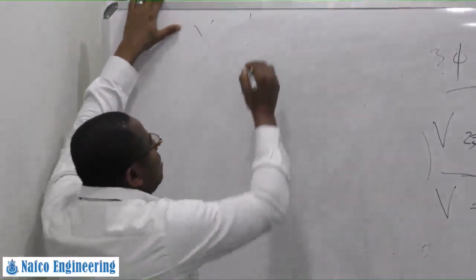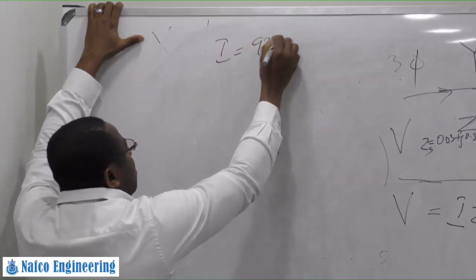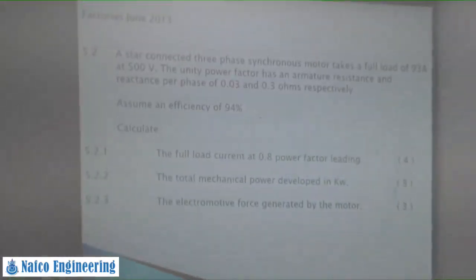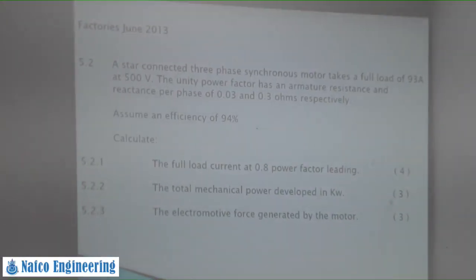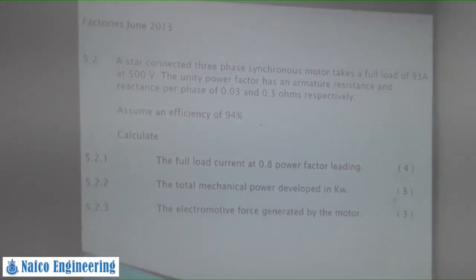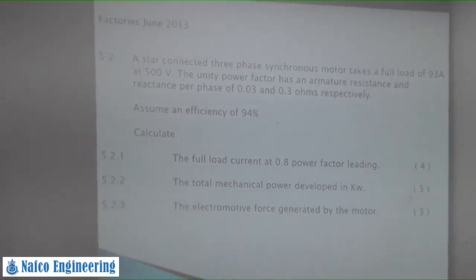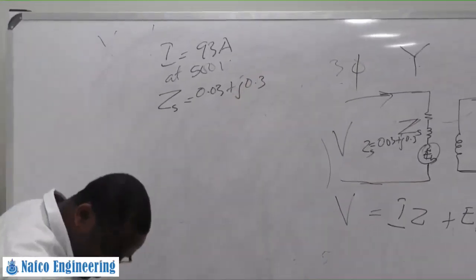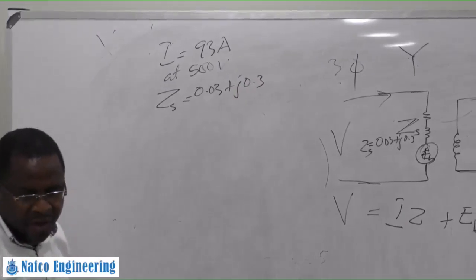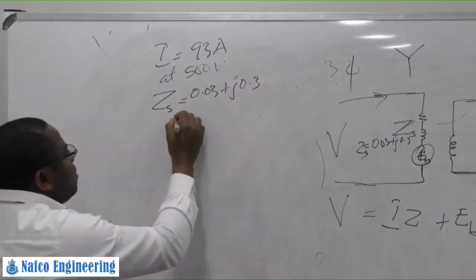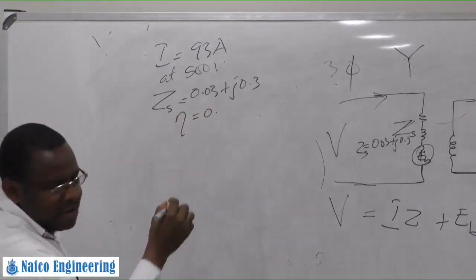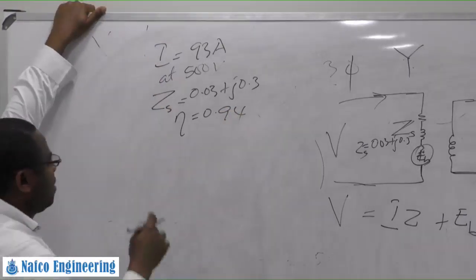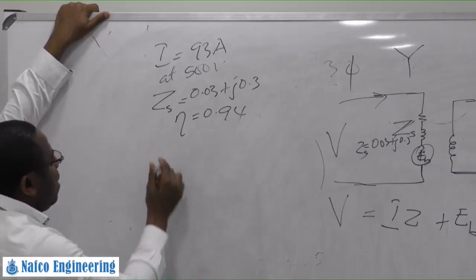Look, it's star-connected. I is 93 amps, and √3 at 500 volts. And then impedance ZS is 0.03 plus j0.3, and also efficiency 0.94. All right, so it's a three-phase. What is the power?